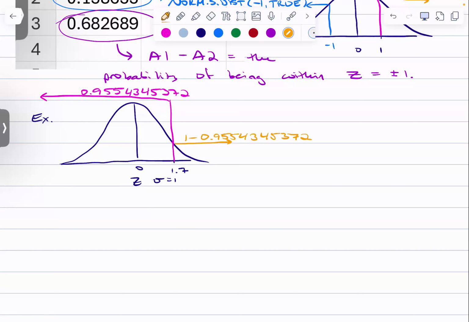Might be nice to store this. I wonder if I can store it to A. Okay. Get out of that. 1 minus A, I get 0.0445656278. Which is between 0.025 and 0.16, but now we have the actual value.